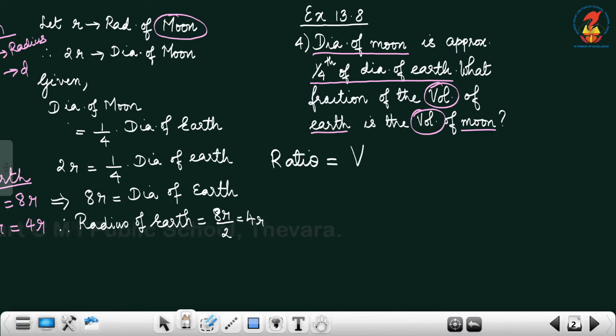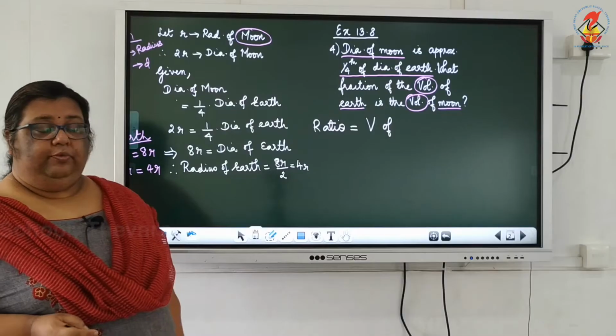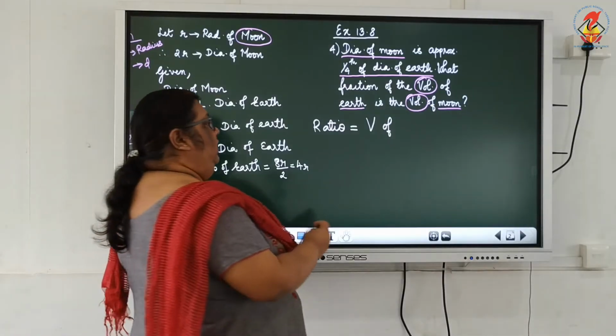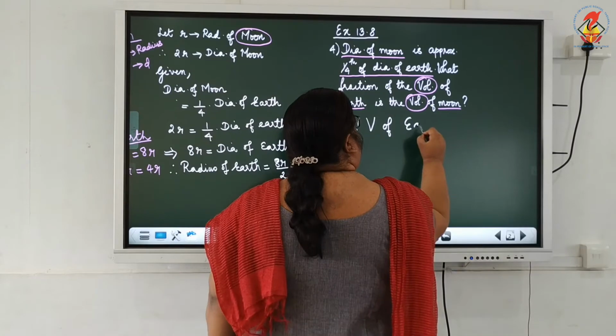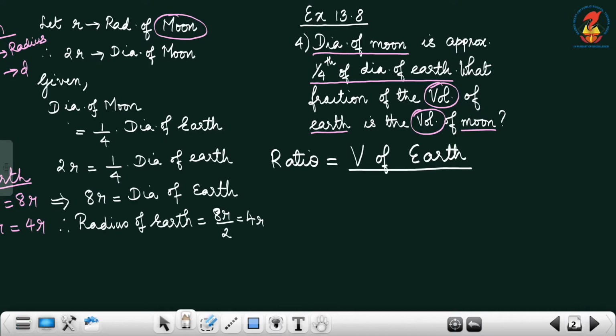Ratio is equal to, we need to find the ratio of volume of earth to the volume of moon. So volume of earth by volume of moon. Spherical shape volume 4 by 3 pi r cube. So 4 by 3 into pi into, now what is the radius of the earth?